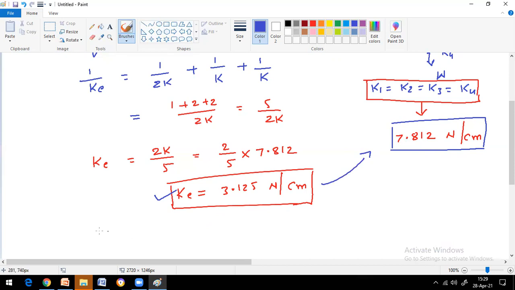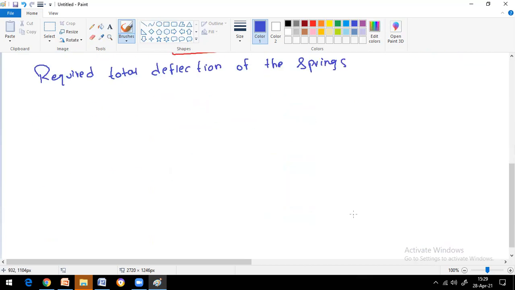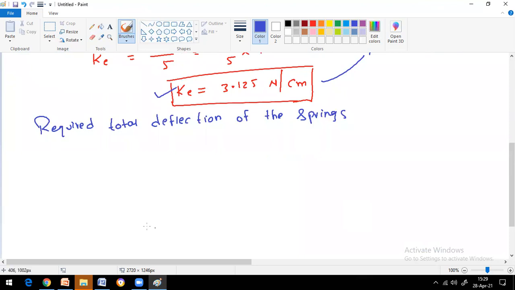As the problem mentioned, what is the required total deflection of the springs? They ask you to calculate the total deflection of the springs. How do you calculate the deflection?